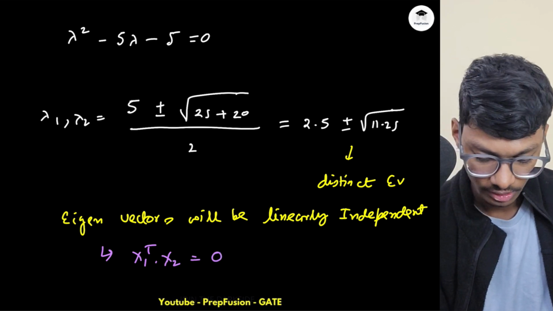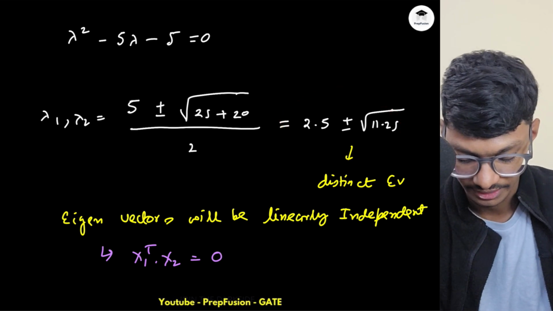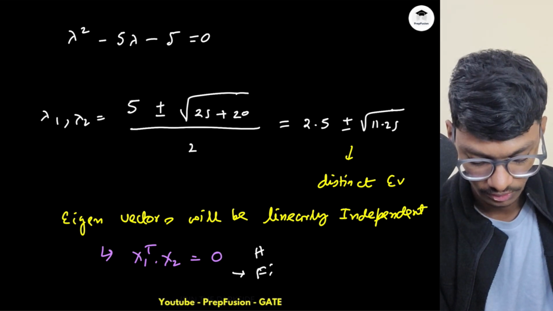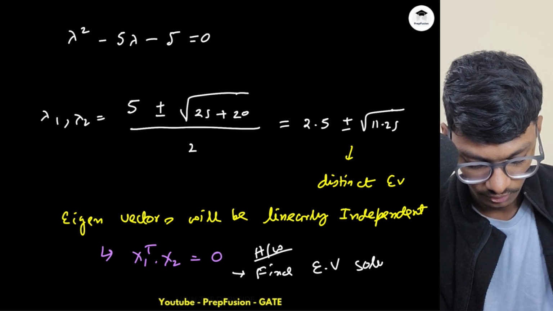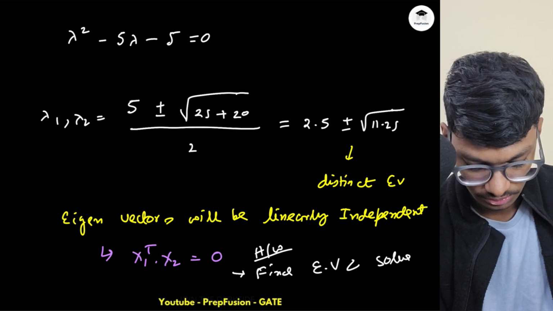Now what is your homework? Your homework is to put these eigenvalues in the equation, find the eigenvectors and solve. Find eigenvectors and solve. So this is your homework basically.